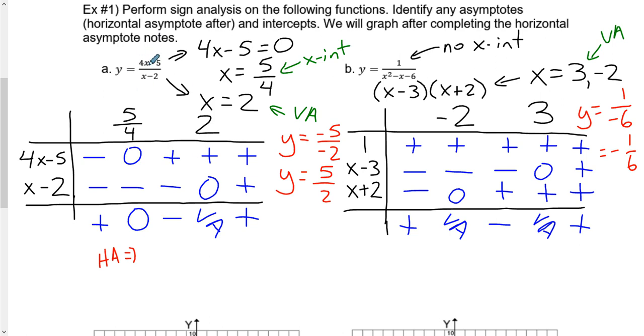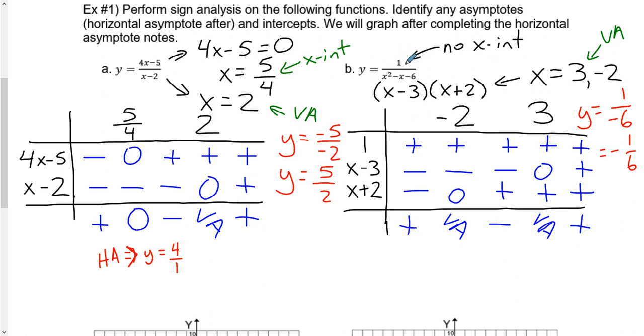In this question, we see that our degrees are both equal. When our degrees are equal, sorry, this should not be, that's not a smiley face, that's just an arrow. We have to divide our leading coefficients. So we're going to have a horizontal asymptote of y equals 4 here.